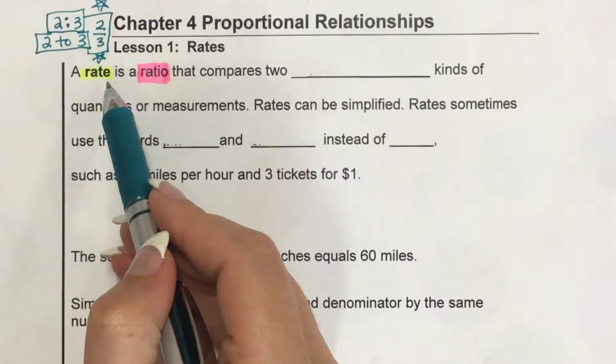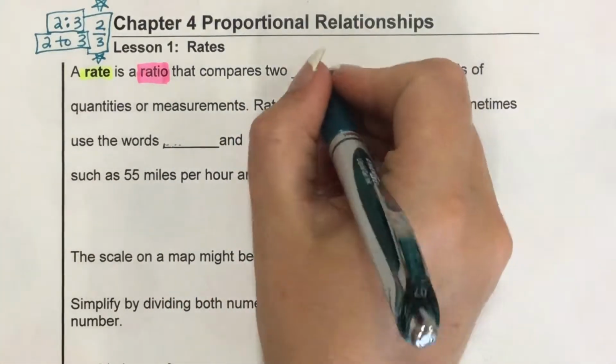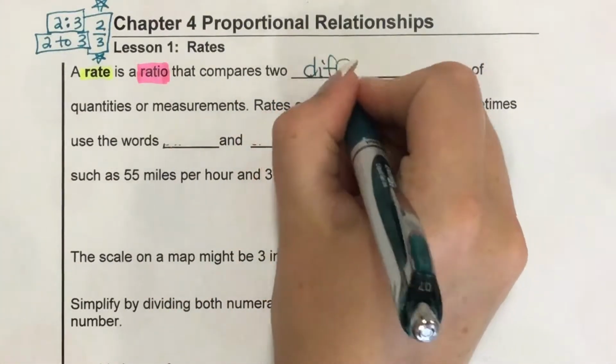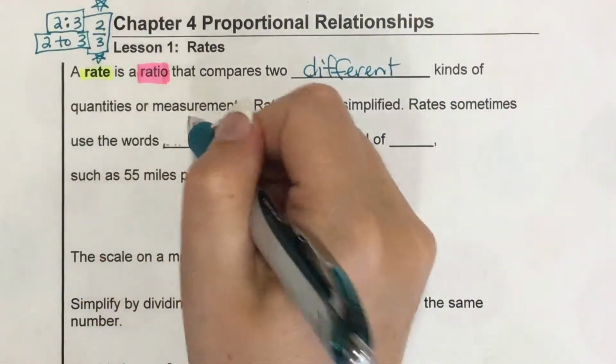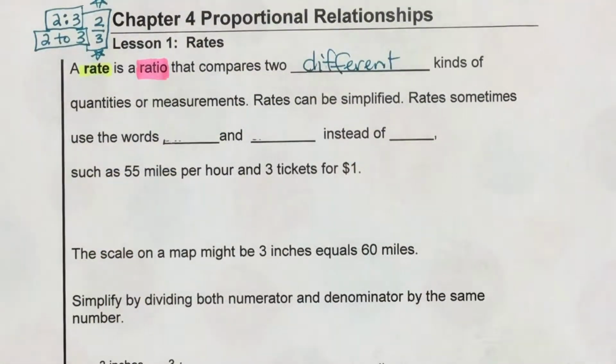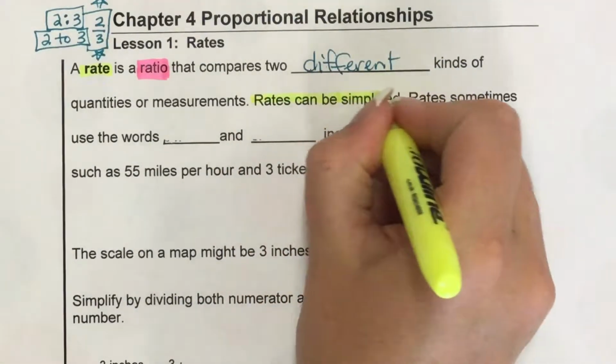So a rate is a ratio that compares two different kinds of quantities or measurements. This is also really important. Rates can be simplified.